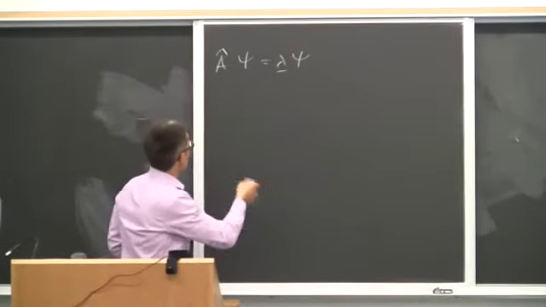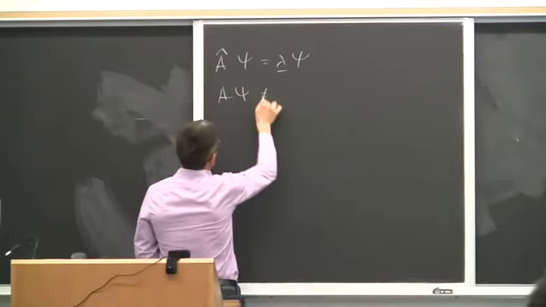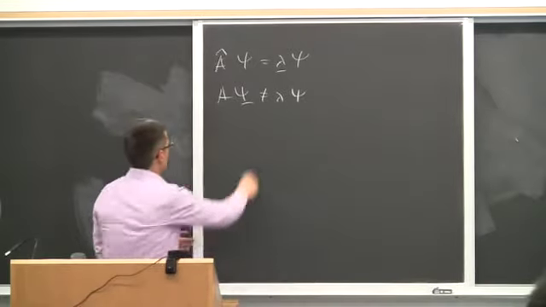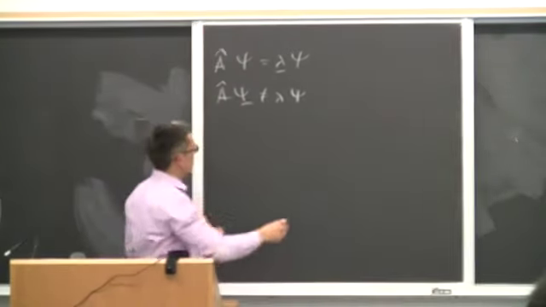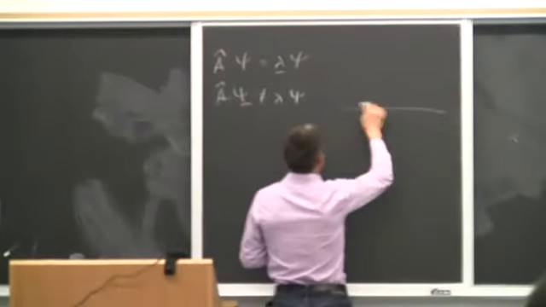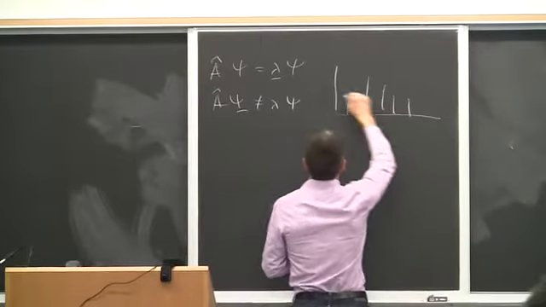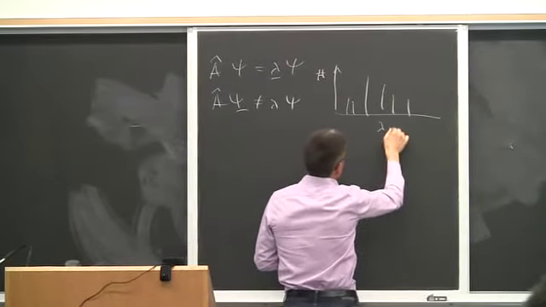But more interesting is the situation when A psi is not equal to lambda psi, so psi is just some arbitrary function and not an eigenfunction of the operator. Then we have a whole spread. If we do millions of measurements, we get a number of results for each particular value of lambda.